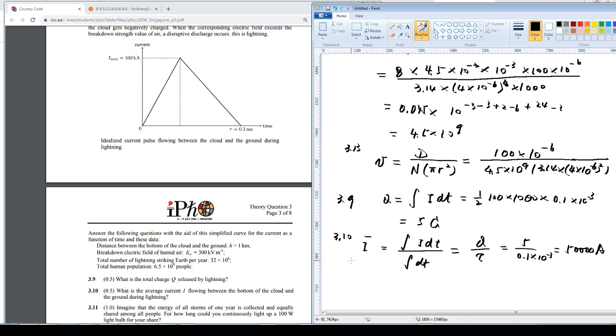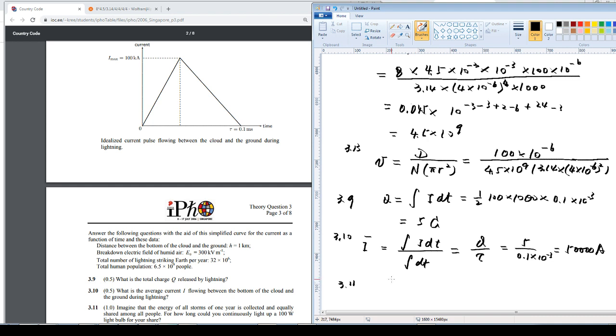So for the 3.11, you have to use the capacitor. And they provided the data for the cloud and the total number of lightning striking Earth. So it's Q times V, right?